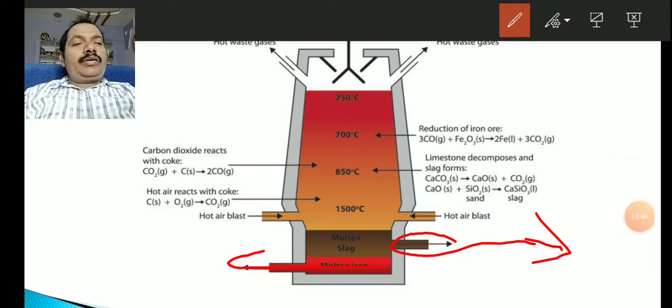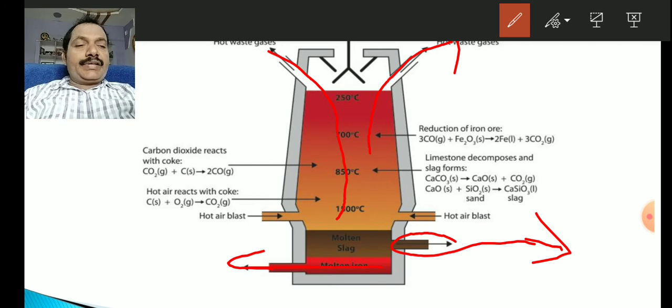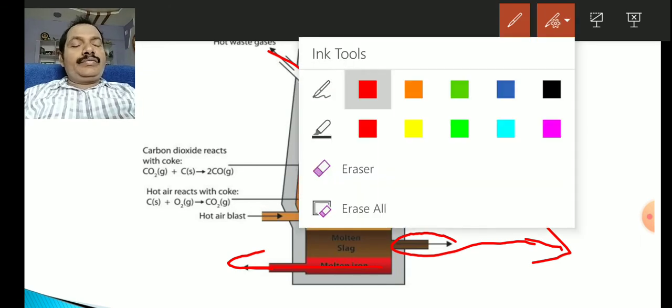And the hot gases that are produced are sent into the environment like this. Hot gases, flue gases will escape like this. So this is the working of the blast furnace, which is the heart of iron making.